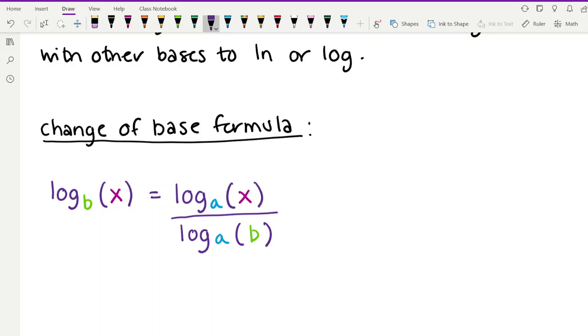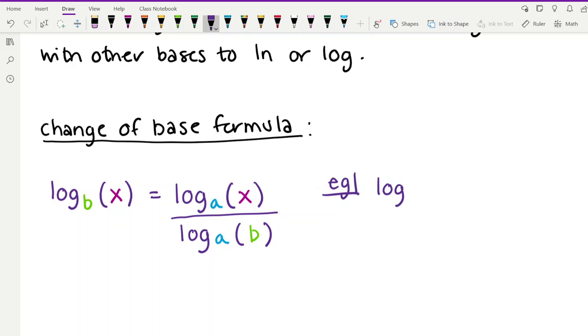Now, you can use this with any base. You can go from base 5 to base 212 if you want. You can go from base 2 to base 17. You can use any base you want. But as we mentioned above, the most useful forms of this are going to be the two following.